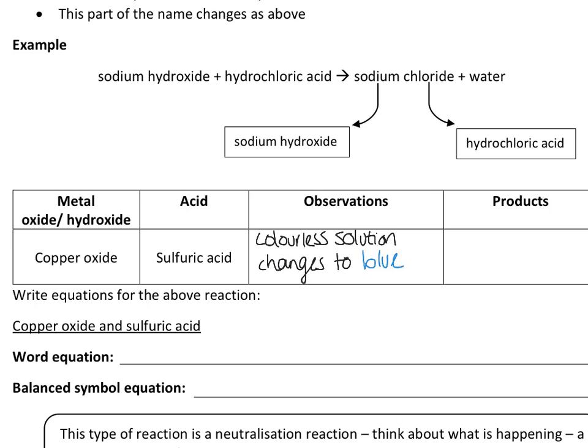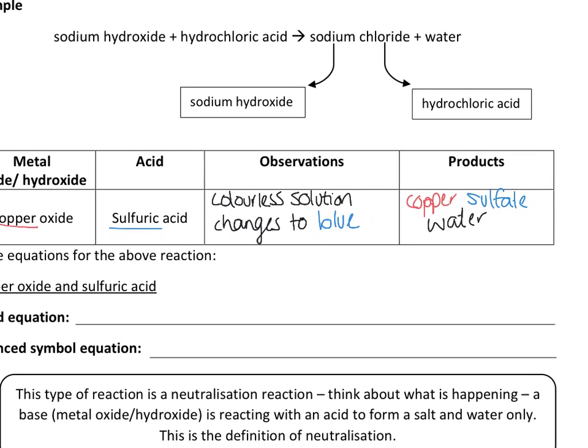So we produced a nice blue solution from a colourless solution of sulfuric acid and copper oxide. And as we've already discussed, our products are copper sulfate and water, which explains why we don't have any gas given off.